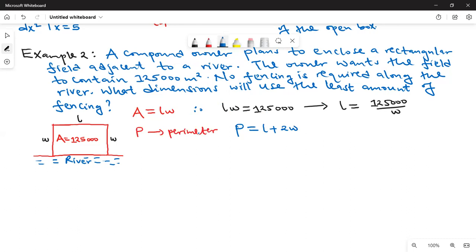But I need to replace L. Look at our L. It is 125,000 over W. So therefore, we are going to get our perimeter to be 125,000 over W plus 2W.